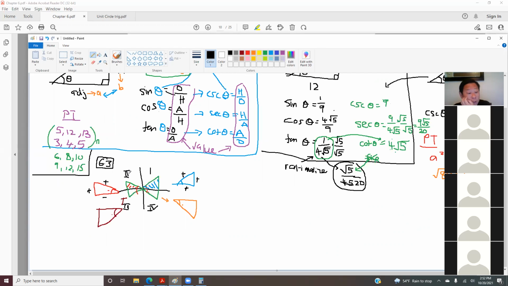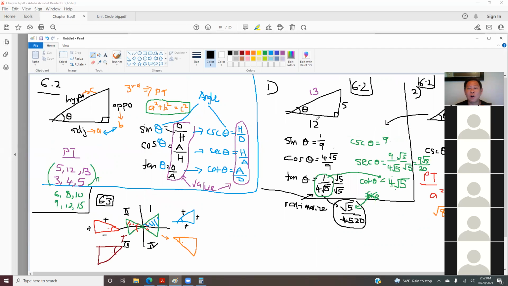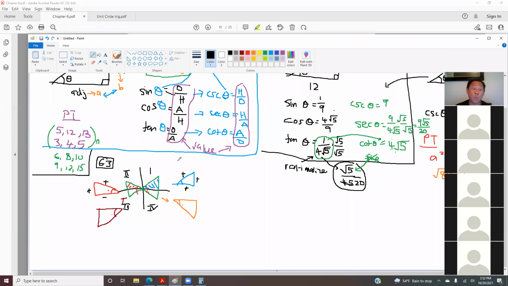So be careful with quadrant number 2 because your 12 here is no longer 12, it's going to be negative 12. Quadrant 3 is even more special because both the x and the y values are negative. Okay. And in quadrant 4, your x value is positive and we go down, so the y value is negative.